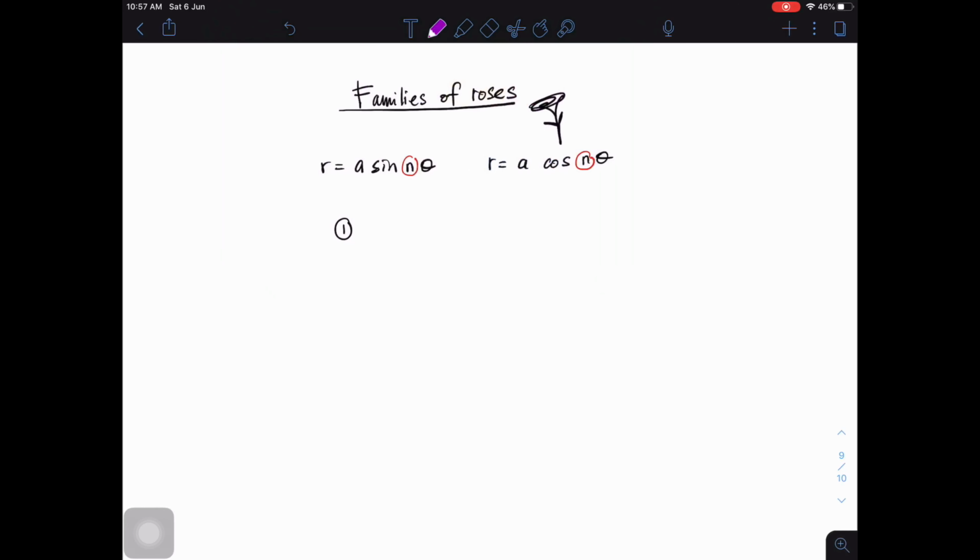If your n is an odd number, then you will have a rose with petals equal to n, total n. But if your n is an even number, the number of petals for your roses is equal to 2 times n. So this is the number of petals that you will have for your roses.